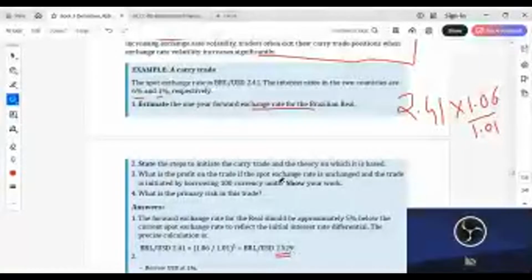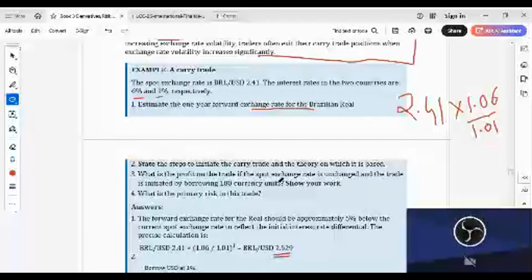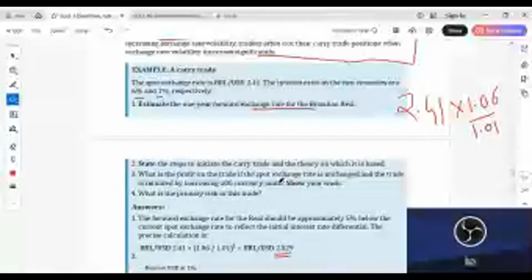Steps to initiate the carry trade. So you would borrow in Brazilian real at 1%, right? Convert it to dollars. Sorry, you will borrow in US dollars at 1%, convert it into real, invest at 6%, then get the proceeds real and reconvert to dollar.